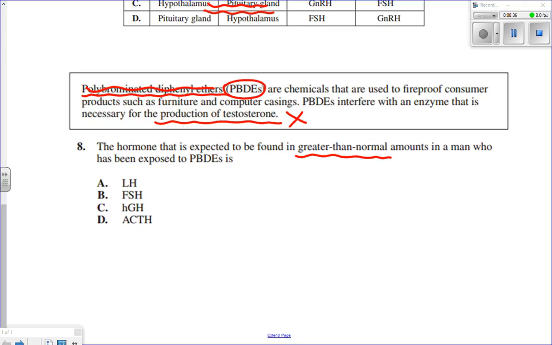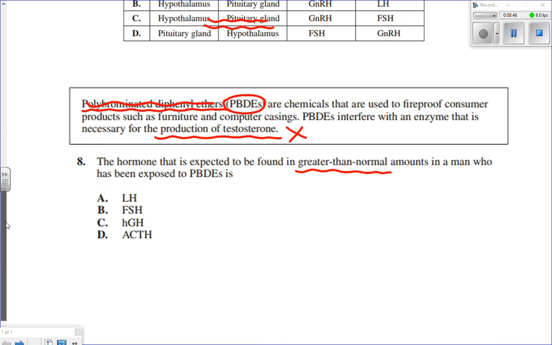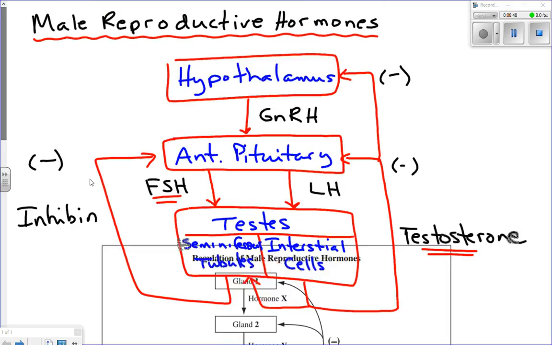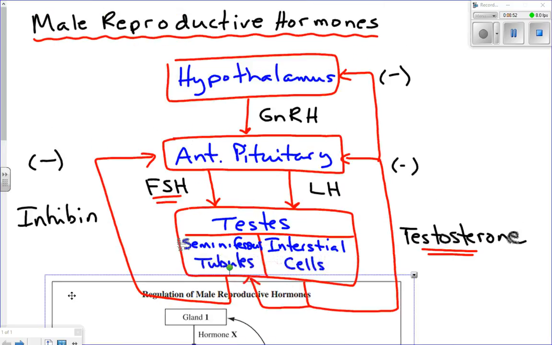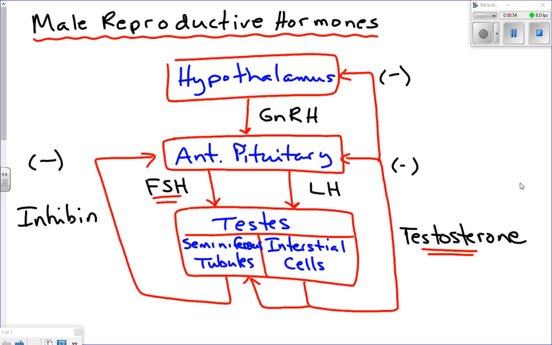So we go back and look at our feedback loop. Why don't we scroll all the way back to that feedback loop? And remember, we're getting a lower than normal production of testosterone here. So let's get rid of this, delete that entirely. All right. So what we can see here is lower than normal testosterone.